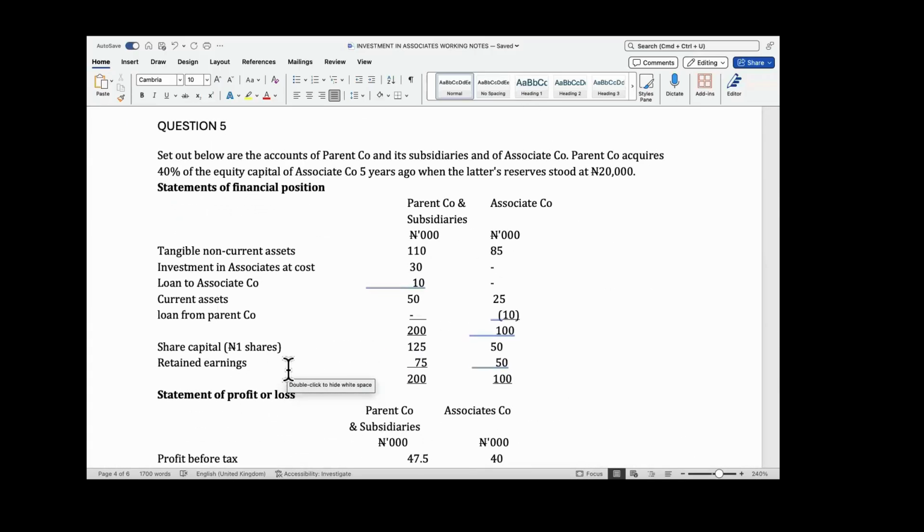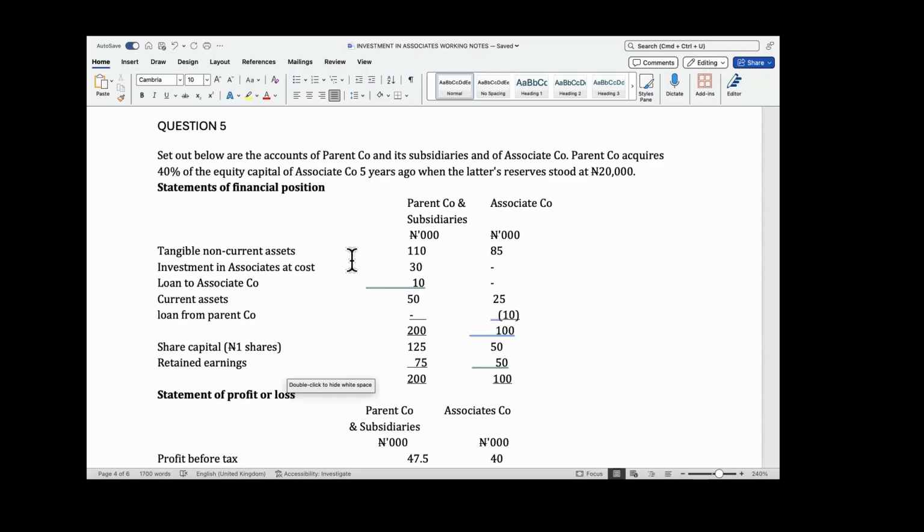Okay. Now let's come back to this question. It says, set out below are the accounts of parent co and its subsidiaries and of associate co. Parent co acquires 40% of the equity capital of associate co 5 years ago, when the latter's reserves stood at 20,000.